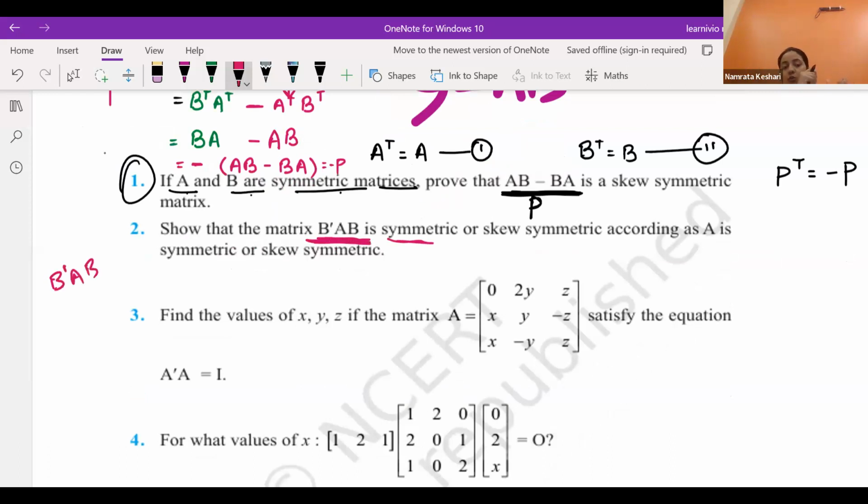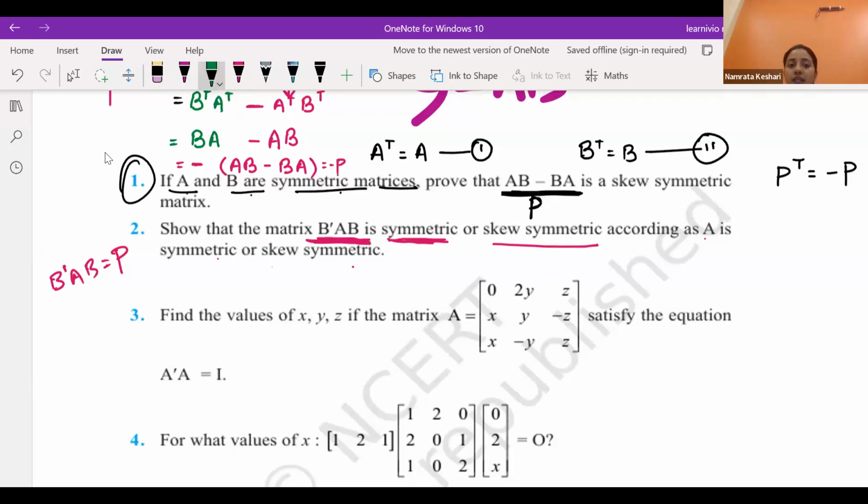So many matrices are multiplied over here, so you can name it P or maybe Q. Suppose we are calling it P, so basically we have to show P is symmetric or skew symmetric according as A is symmetric or skew symmetric. That means if A is symmetric, then P is symmetric. If A is skew symmetric, then P is skew symmetric. Is it making sense? Yes. Okay, let's do it.